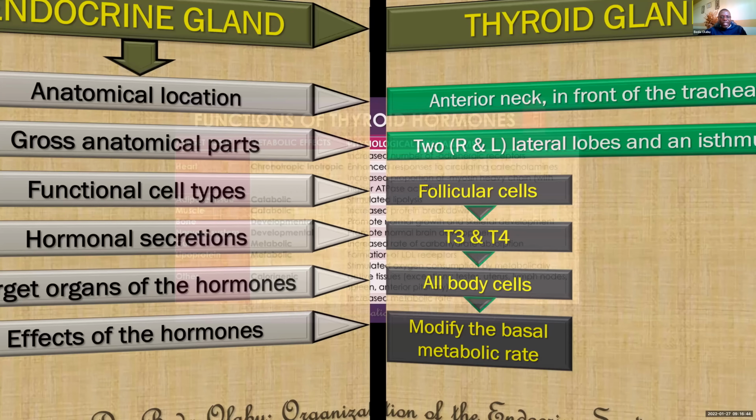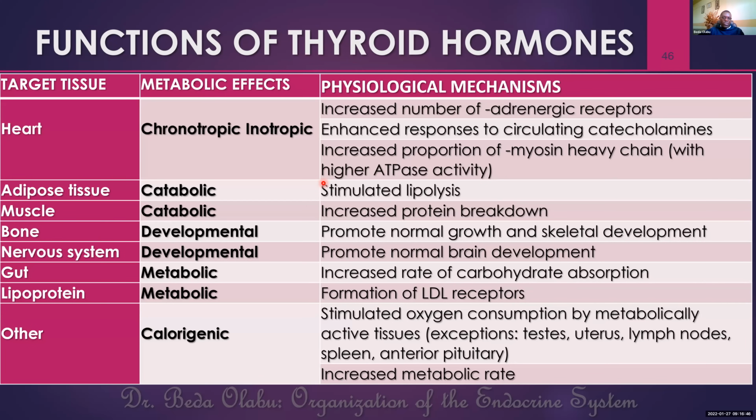So there are many effects of thyroid hormones T3 and T4 on different organs and systems. I've just picked a few to capture the effects so that when we have abnormalities of the thyroid gland, you know how these are affected.